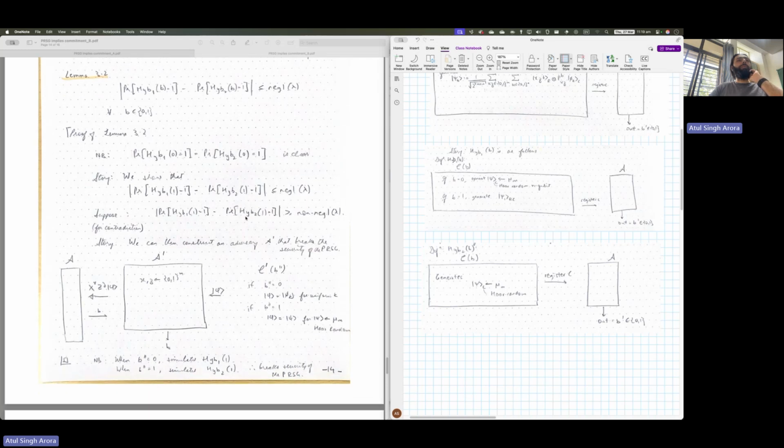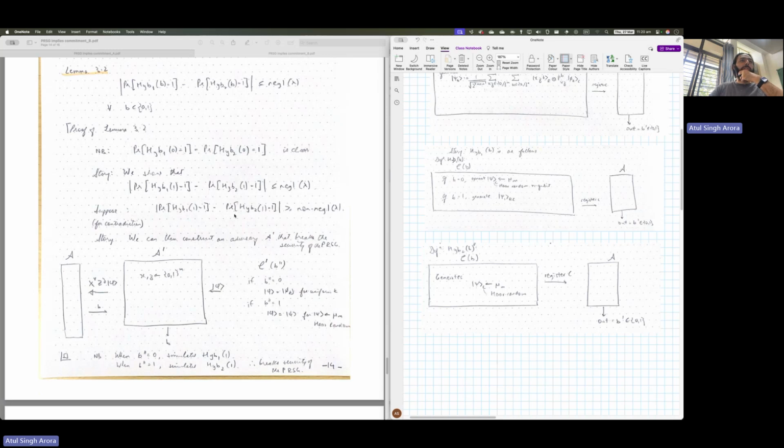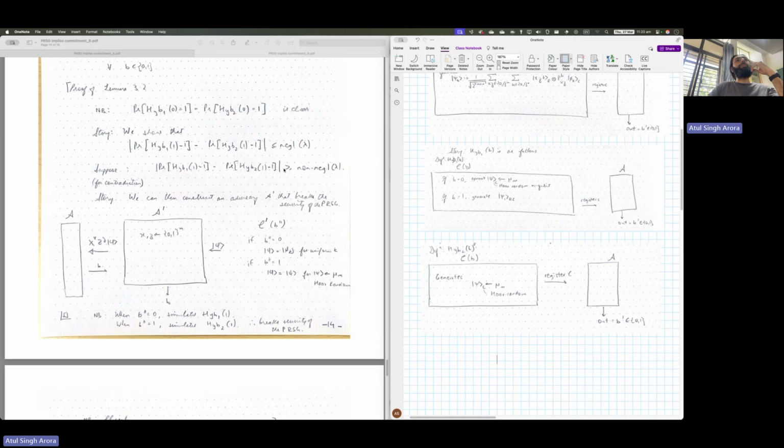Now, again, for contradiction, suppose that on B equals 1, they have non-negligible probability. Then the difference in the probability that they output 1 is non-negligible. So if there's such an adversary, then one can construct an adversary A prime that's going to break the security of the pseudo-random state generator. And the way it works is as follows. C prime is going to, as before, send a hard random state or a pseudo-random state. And A prime is going to, so here's the difference from the previous case.